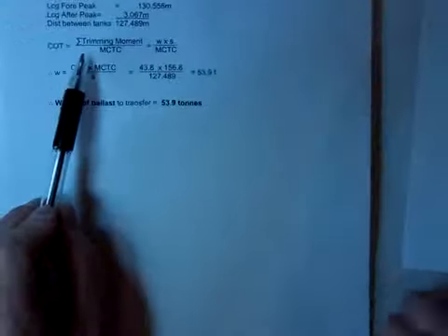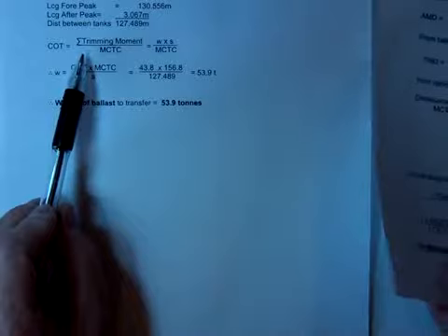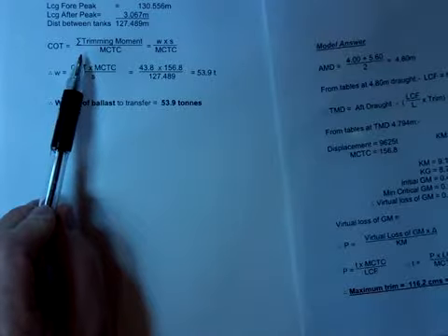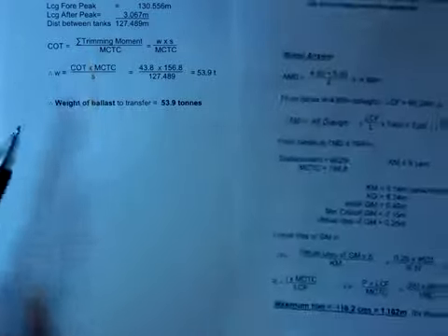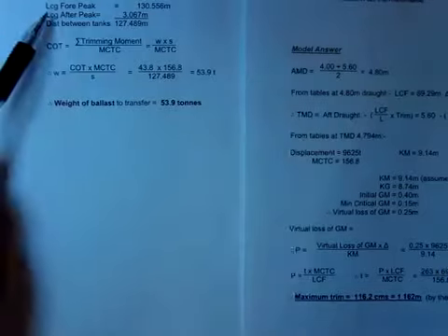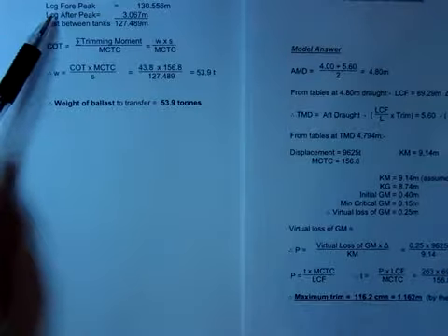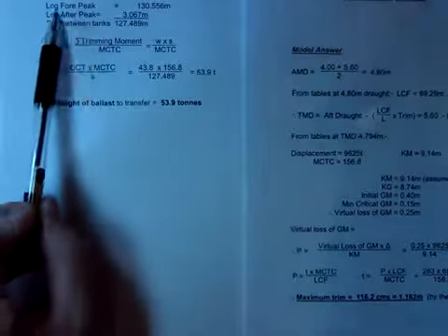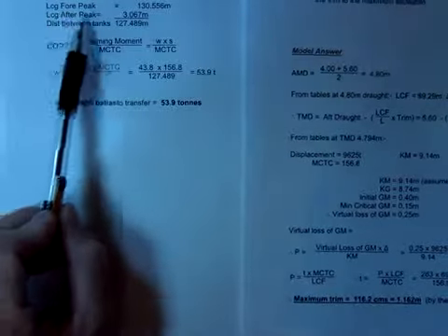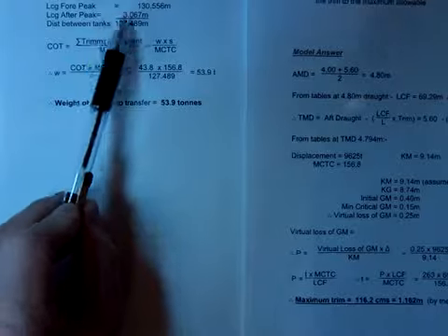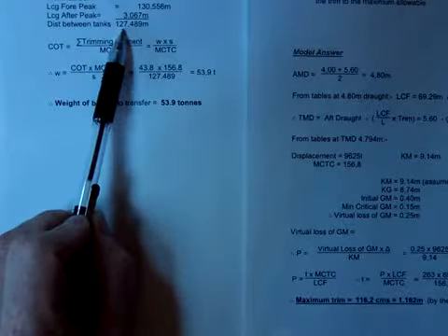Well, we want the weight of ballast to transfer. The distance is going to be the distance between the two tanks, forepeak and afterpeak. When we go into the stability tables, we can get the LCG of the forepeak and the LCG of the afterpeak, subtract one from the other, and we get the distance between the two. So we know our distance between the two tanks.